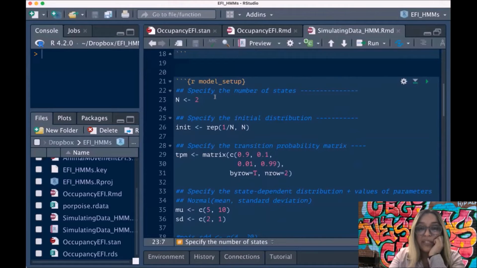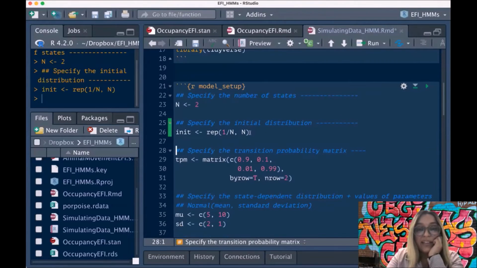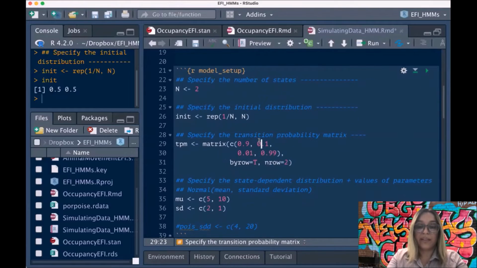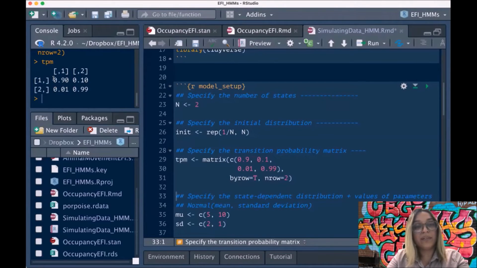So we start by specifying the number of states. I want just 2 for now. The initial distribution is 0.5, 0.5, meaning with equal probability, this process will start in state 1 versus state 2. We'll have our transition probability matrix. Given that we're in state 1, with 90% probability we'll remain in state 1, and with 10% probability we'll switch to state 2.